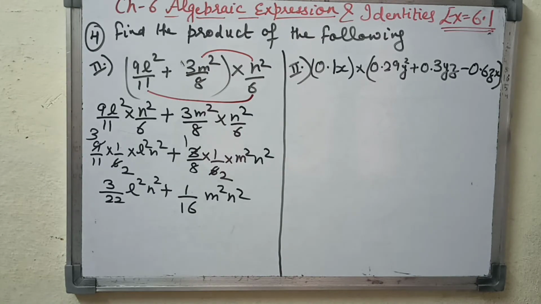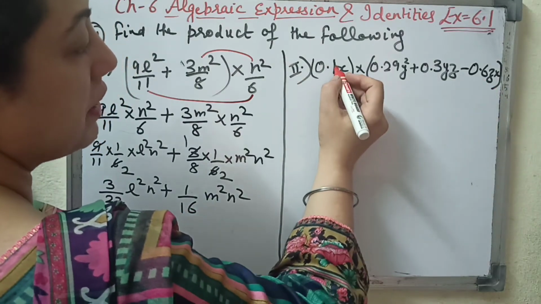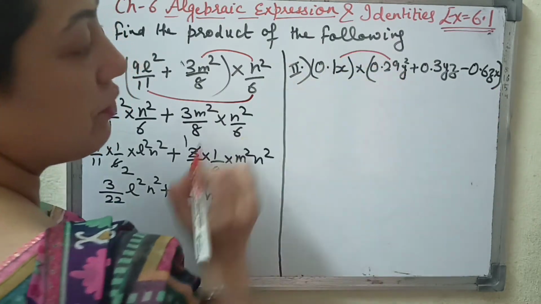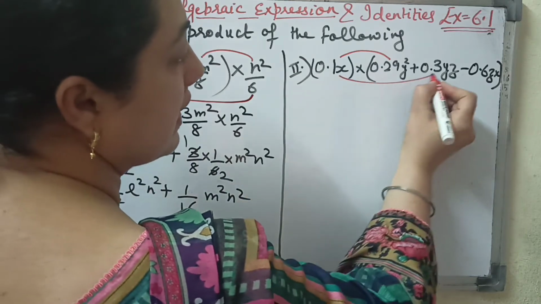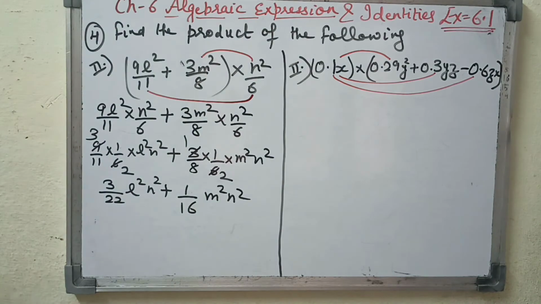Now the second part is 0.1x into bracket 0.29y square plus 0.3yz minus 0.6zx. Now we have to multiply 0.1x with the first term of the bracket, then with the second term of the bracket and then with the third term of the bracket. And then we have to simplify it further.